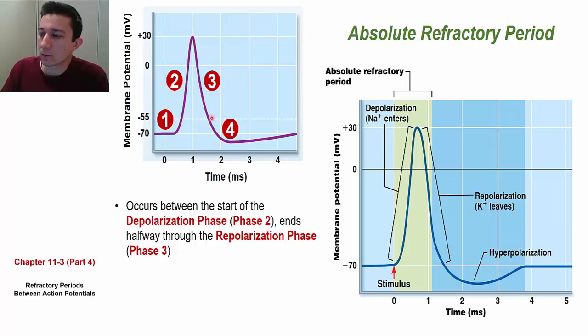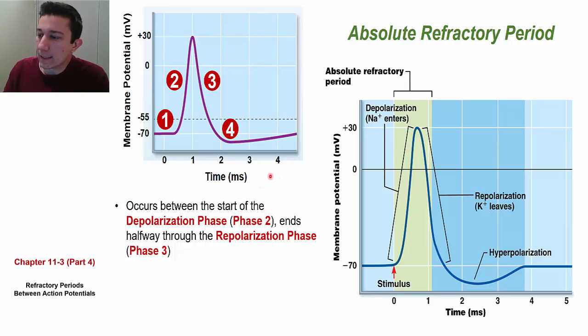It essentially occurs between the start of the depolarization phase, the start of the uphill part of our action potential graph, the upswing, the positive charge entering that part of the membrane because sodium is flooding into the cell.